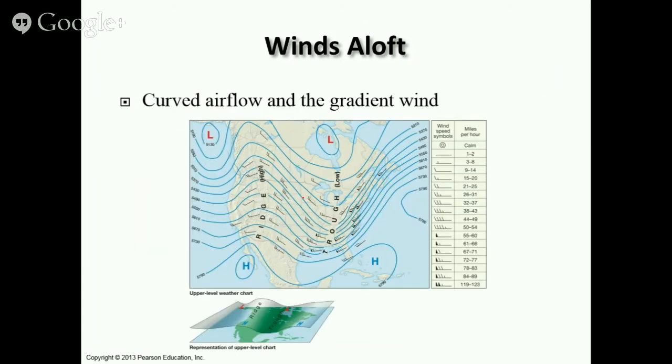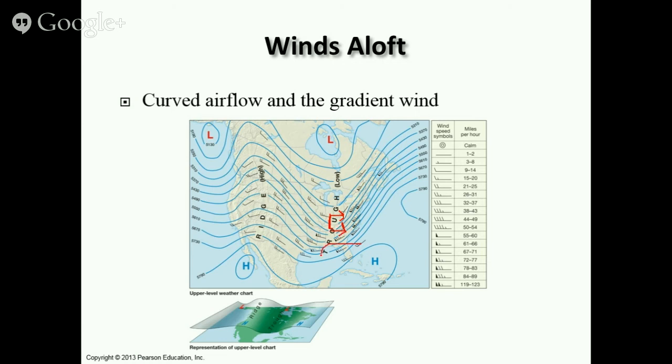Say that I'm in an airflow like this, and here's a gradient wind. If I'm standing in a position that is really close to Indiana on this map, and my back is facing the west, and my eyes are facing in this direction. Let me try to draw this. So my eyes are facing east, and my back is facing west.